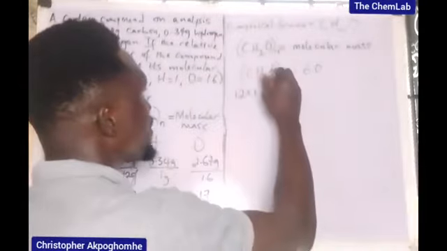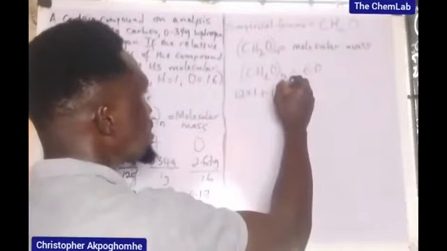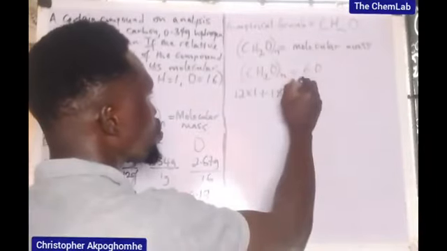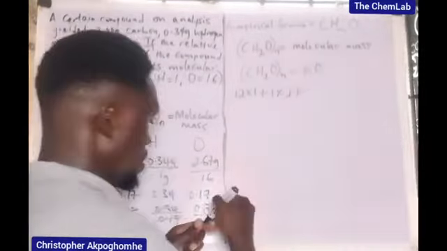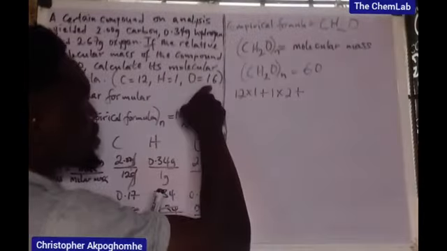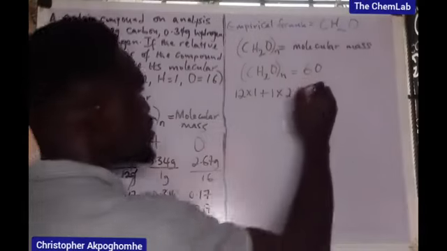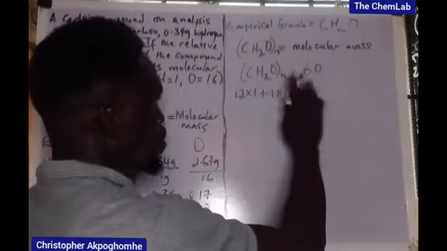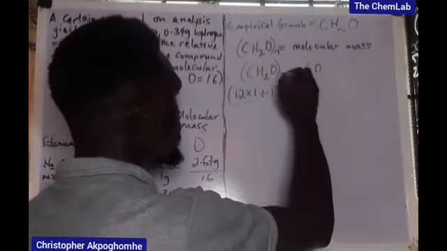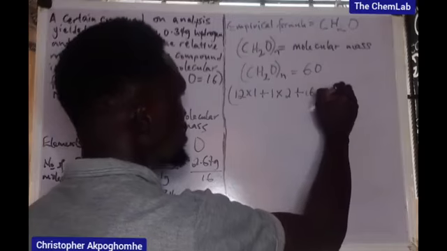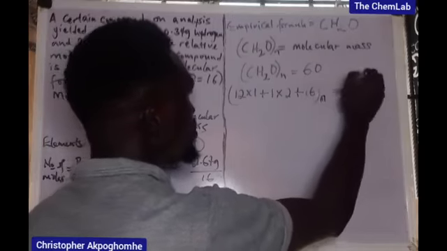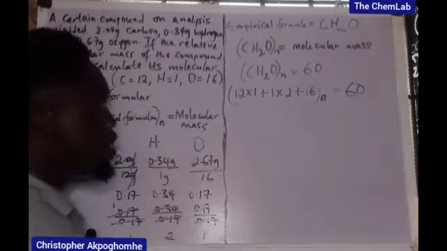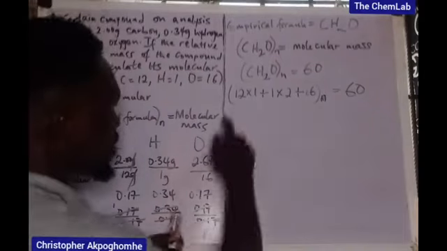So we have 1 times how many atoms? 2, plus the molar mass of oxygen is 16. Now the number of atoms is 1, so that's it. Close the bracket, subscript n, equal to 60.